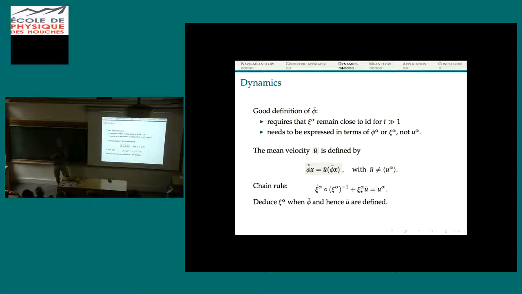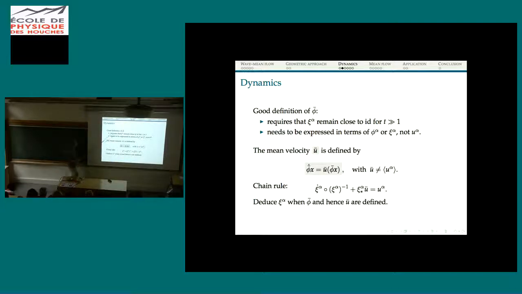You need those objects not to take you too far away. An example is if you want to average points on a sphere, you need those points to be on the same side of the sphere, otherwise it becomes a bit difficult. So I'll assume implicitly that my perturbation maps are not too far from the identity. This is not by means of small parameters, it's just a kind of local requirement.